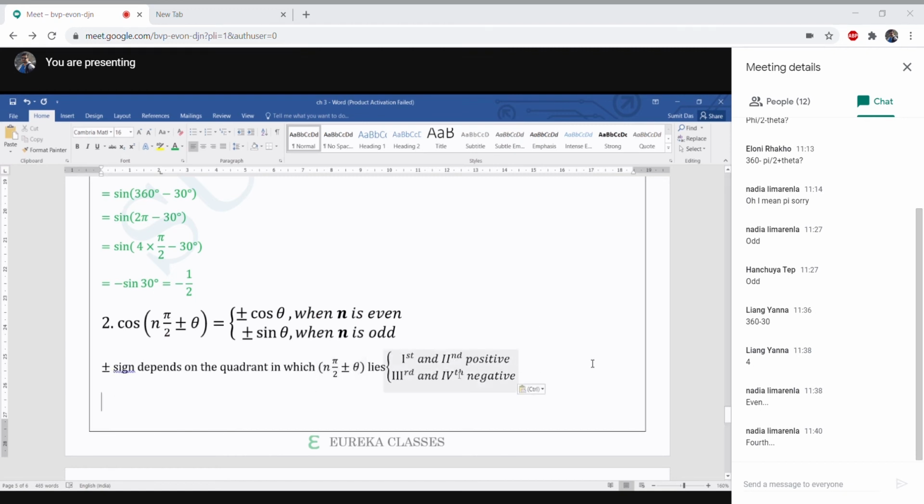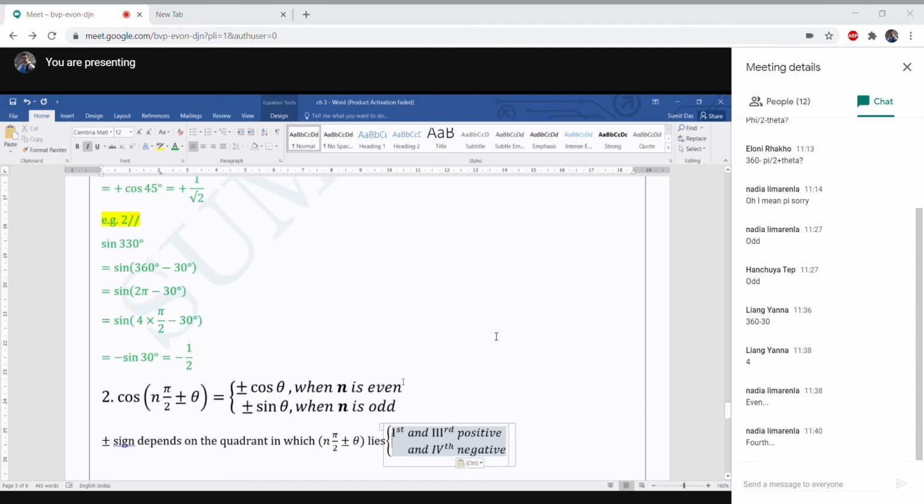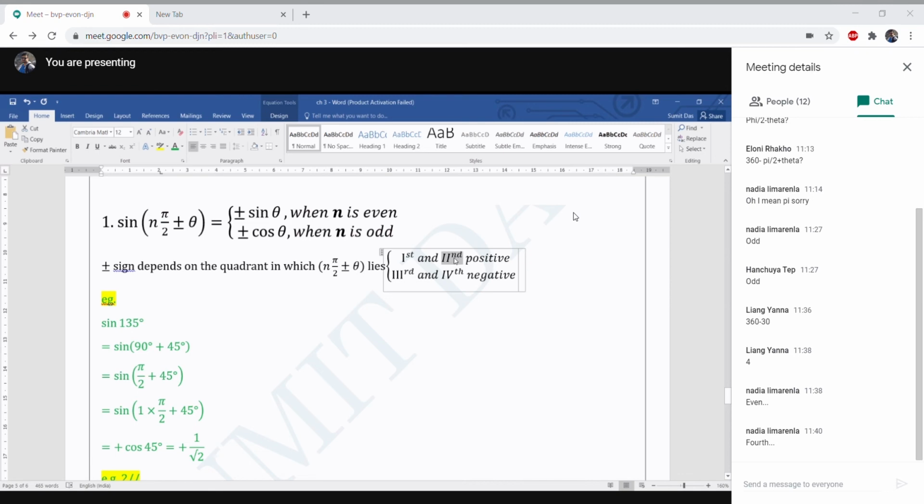Cos is positive in the first and fourth quadrants, and negative in the second and third quadrants, right?